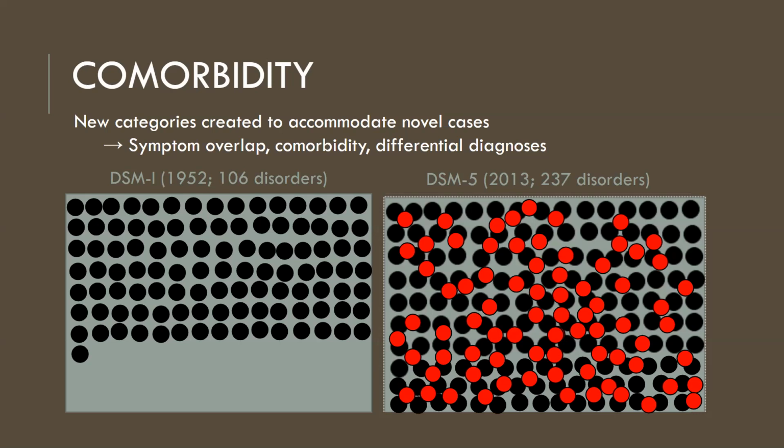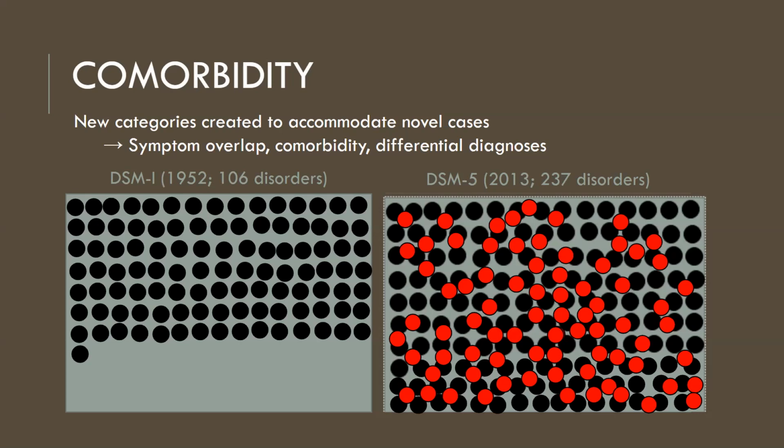And so one of the things that's happened with time is we now have more than double the number of disorders we had to start with about 60 years ago. There's a lot of symptom overlap between different disorders, which leads to more time spent on differential diagnoses and more people emerging with what's called comorbidity.